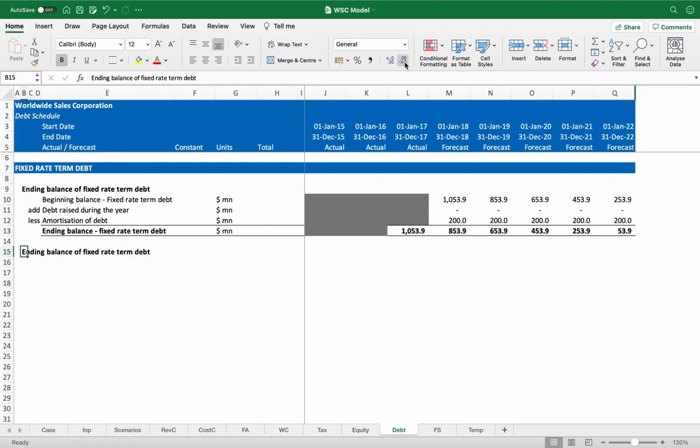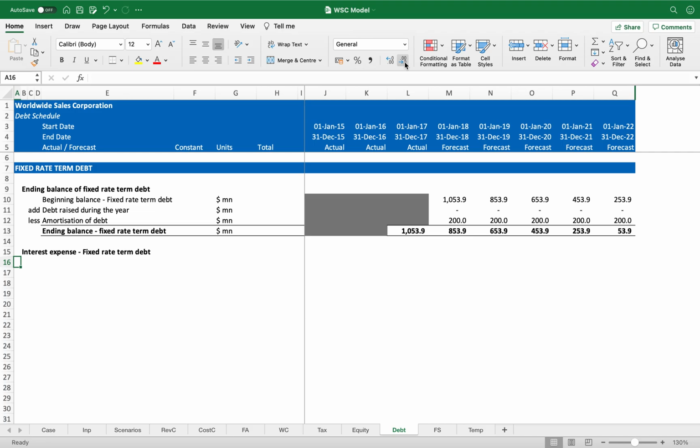What else can we find out for the fixed rate term debt? Interest, right? Interest expense for fixed rate term debt. How will I find out? I will have to compute my average debt, right? We all know this.